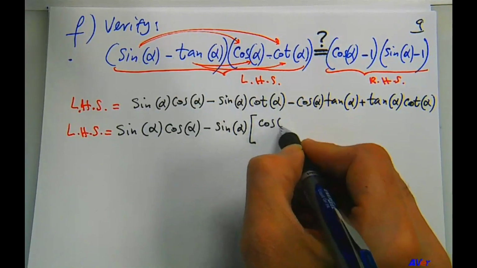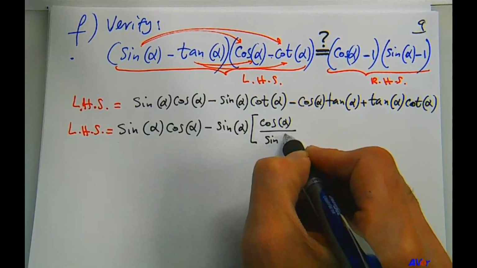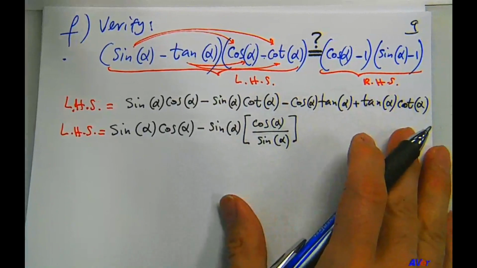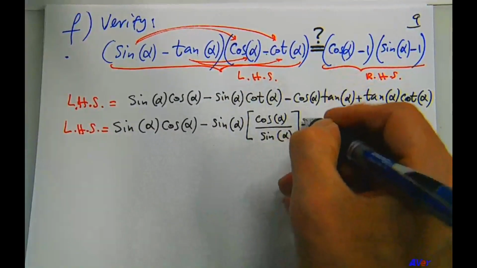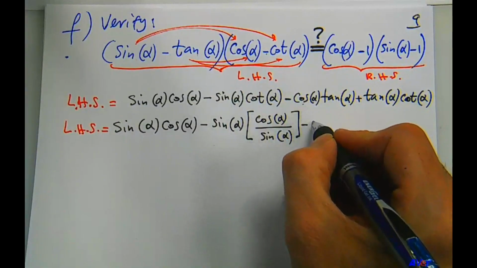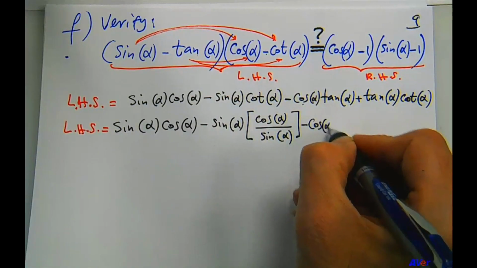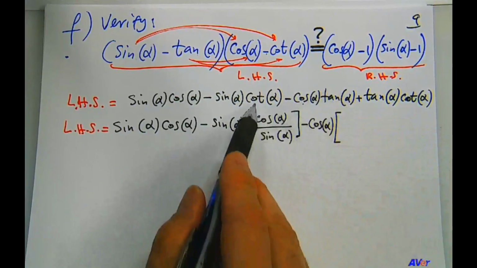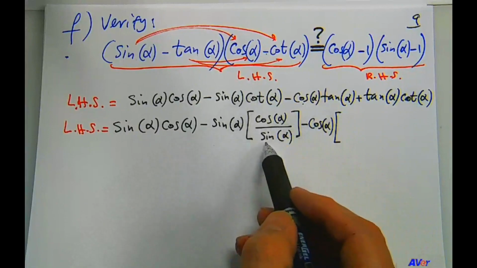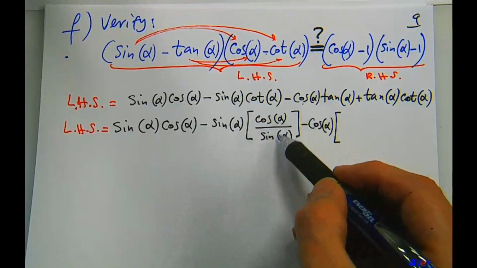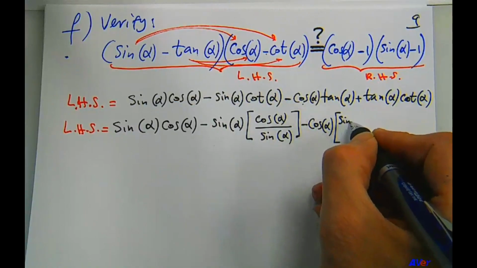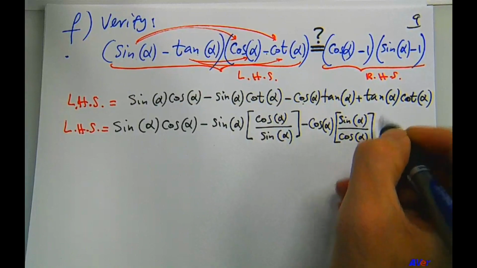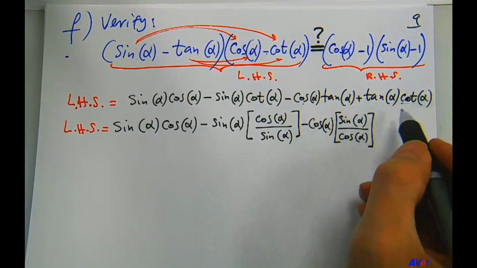So cosine of alpha divided by sine of alpha. I hope I can fit this across the page. Minus cosine alpha times tangent alpha, which is the reciprocal of the cotangent alpha, right? So tangent alpha is sine alpha over cosine alpha.